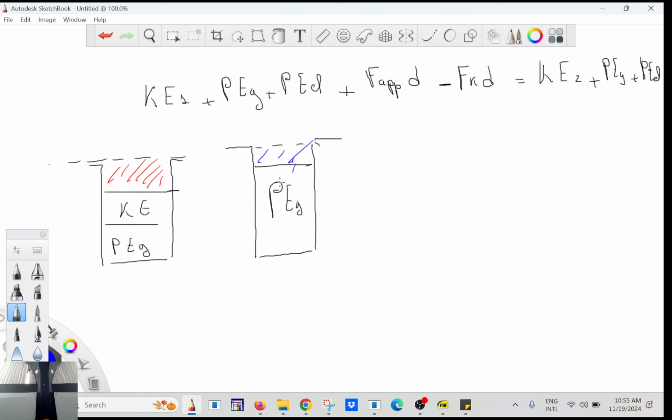So you can swing back and forth as long as you see it's conserved. Now, if you have friction, that means that you're going to lose a little bit of energy to friction. So this will go away, and it's going to lower the level of energy. Yes, right? Is that clear?